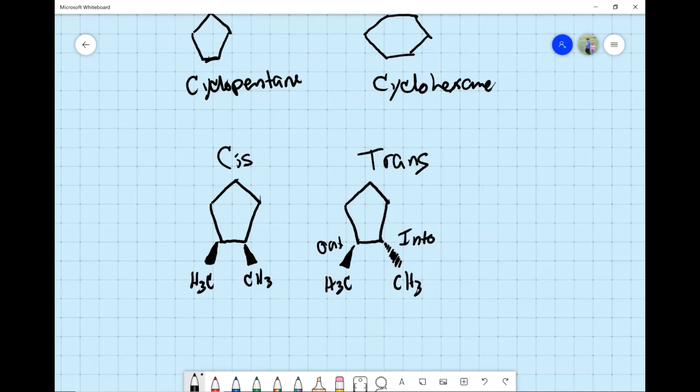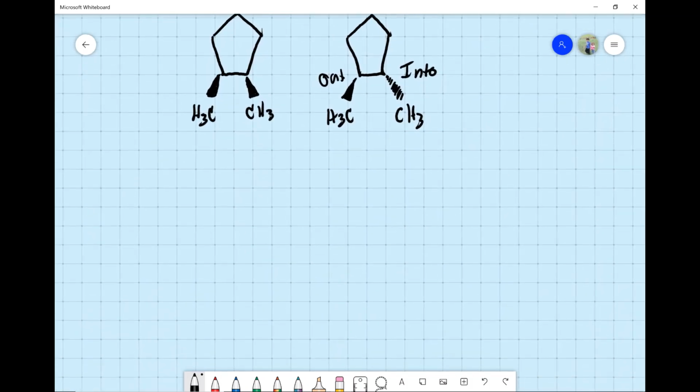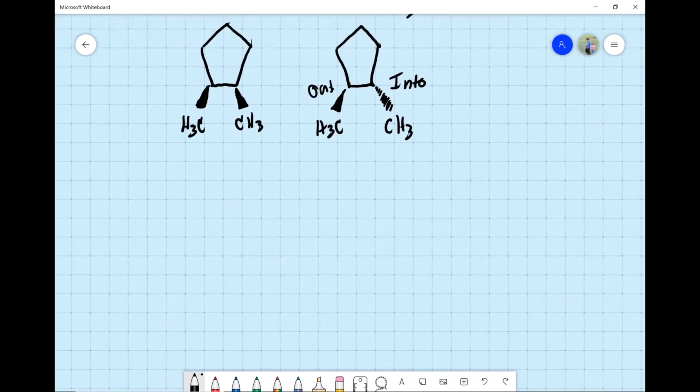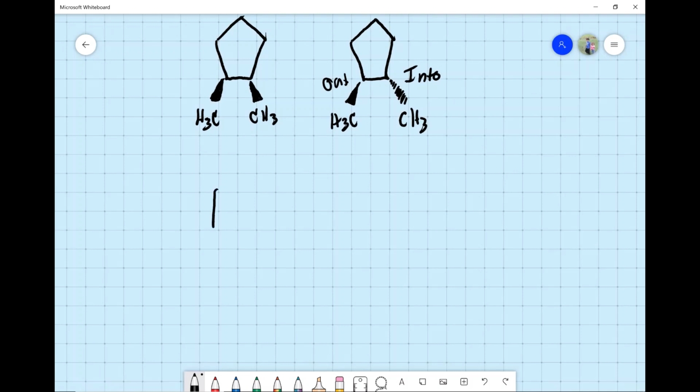And other things, there's different conformations that we kind of want to talk about. And you see it a lot with nanotubes and the way nanotubes are arranged. But if we take cyclohexane, this can make another structure.